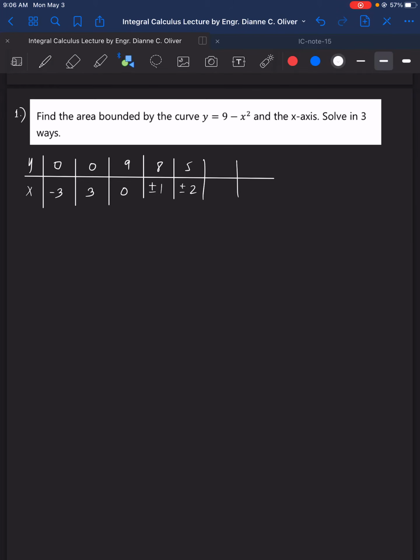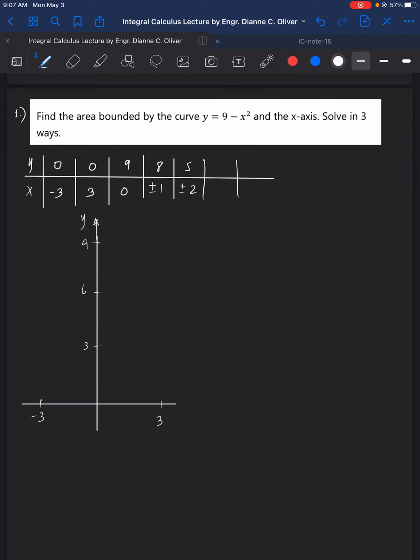So let's just sketch the curve. There is no negative value for y, therefore it's either the first quadrant or the second quadrant. So we have here negative 3 and then 3 here, and then this becomes 3, 6, 9.